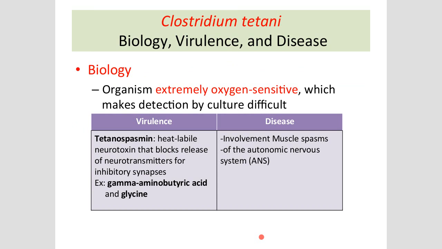As far as the organism is concerned, it has a heat labile neurotoxin called tetanospasmin. What this tetanospasmin does is block the release of neurotransmitters at inhibitory synapses, especially GABA and glycine. So if there is no inhibition of the contraction, the contraction will go into spasmodic mode.